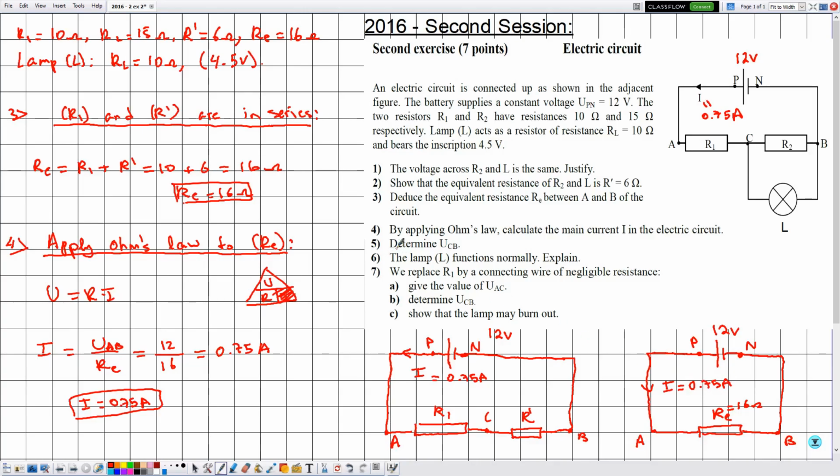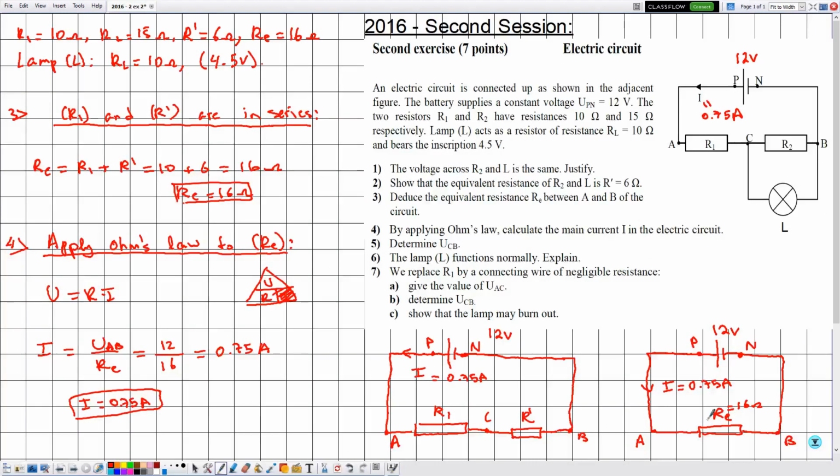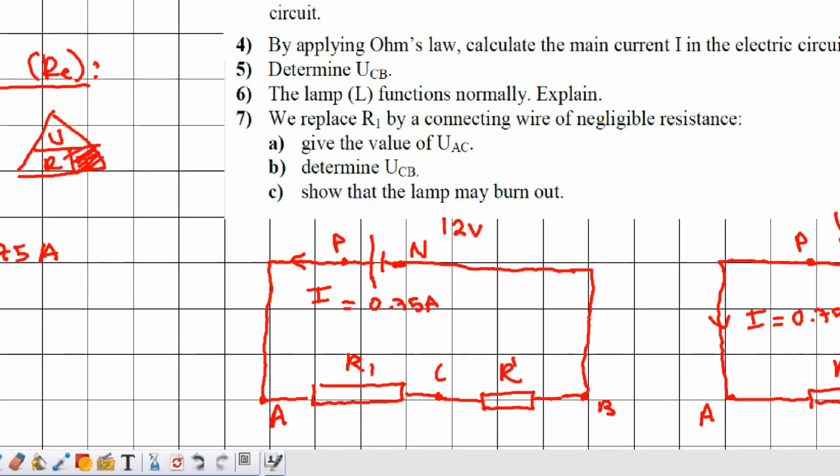And now in number 5, they are telling me to determine UCB. So here we have the choice of 3 electric circuits in order to determine UCB. We will not refer to the third one, because the point C doesn't appear on the electric circuit here. Then we will refer to this electric circuit number 2, simply because we need to determine the value of UCB.